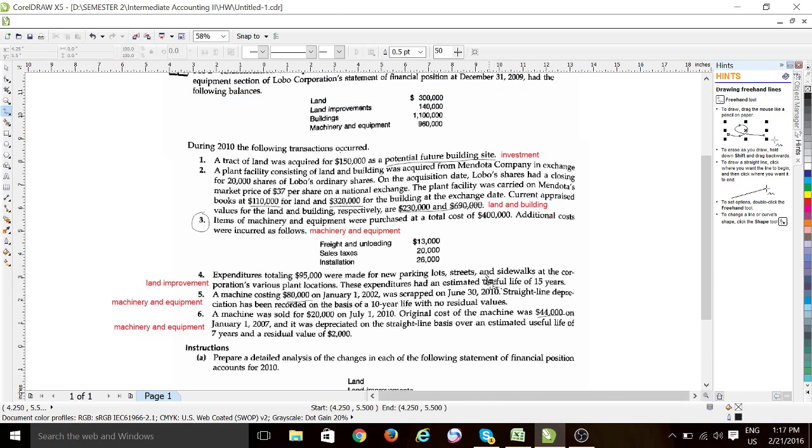And then purchasing this machinery has an additional cost, which we have to include in the account as well, because that is the cost to make the machine capable of being used in operation.